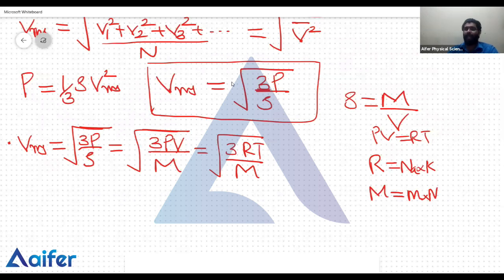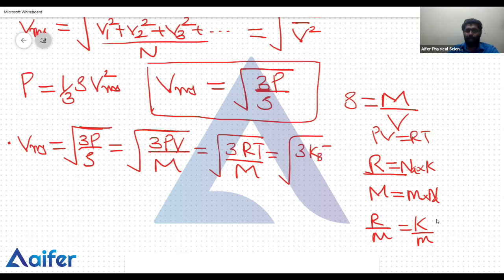Then if you substitute R by this, R by capital M is just K, the Boltzmann constant, by small m. So this is equal to root of 3 KT by small m, where K is the Boltzmann constant. I am putting a suffix, KB T by small m.